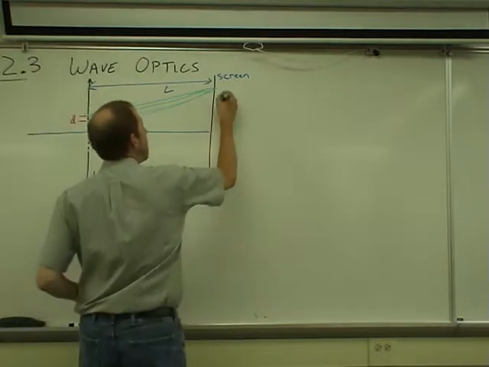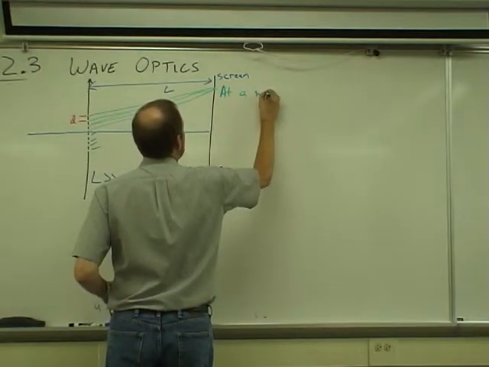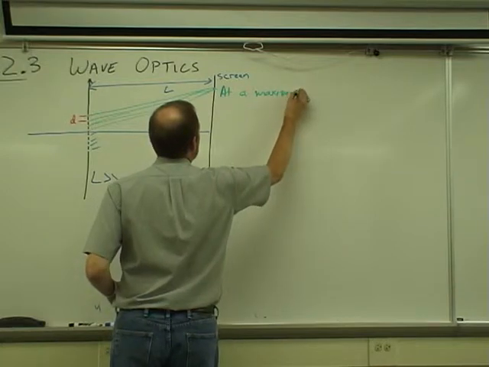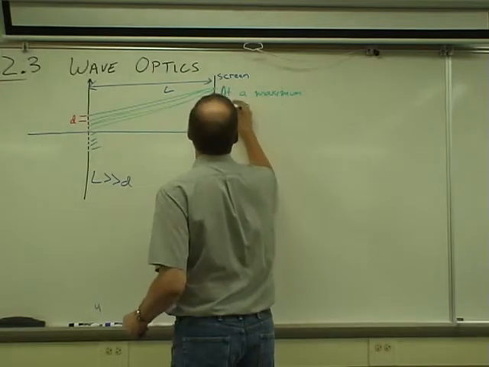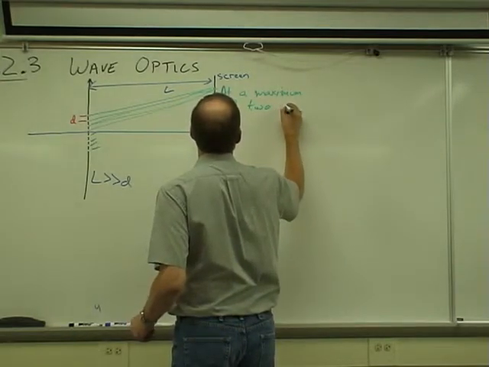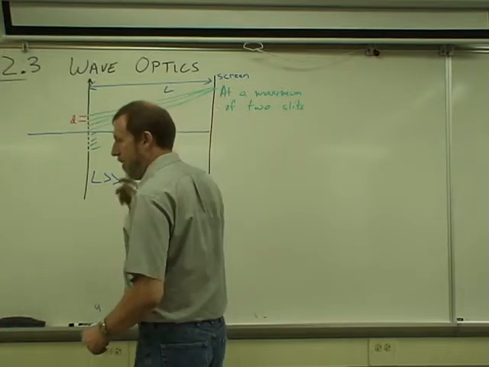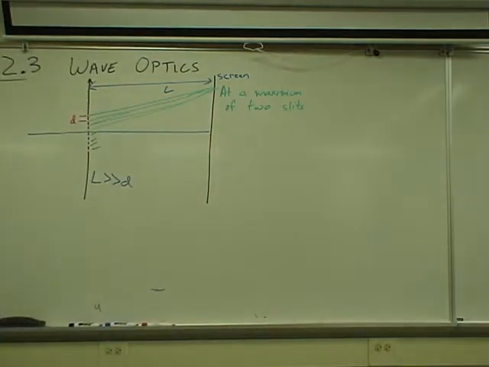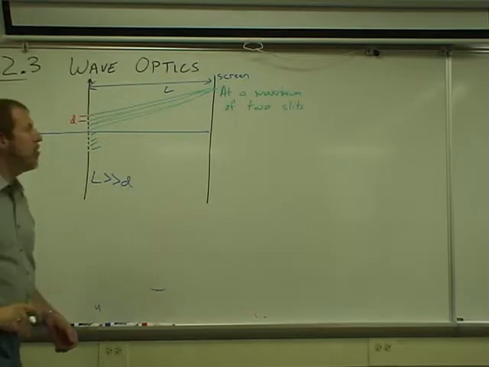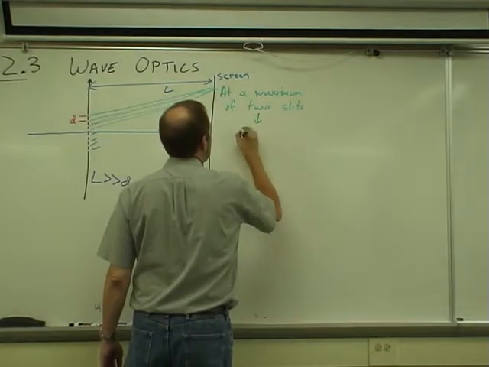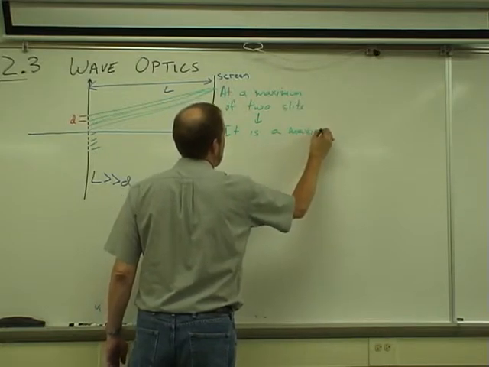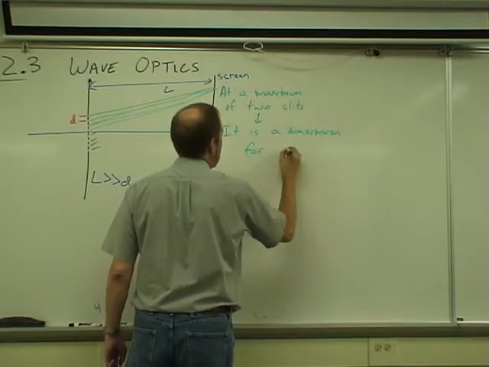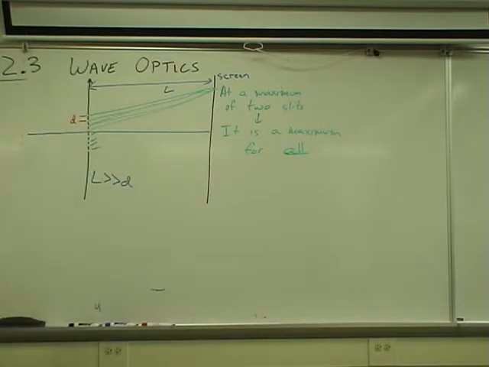But at a maximum of two slits, if I take two adjacent slits and find them next to each other and say, here's the brightest point for those two slits, that's going to be a maximum for all of those slits because they're the same separation apart.